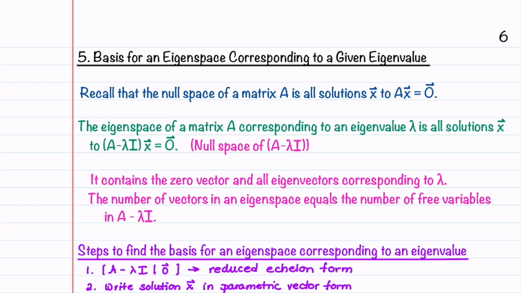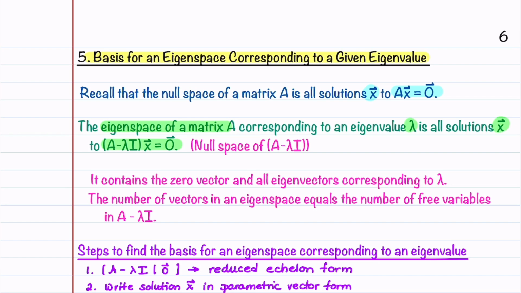The next topic that we're going to talk about is how to find a basis for an eigenspace corresponding to a given eigenvalue. Recall that the null space of a matrix A is all solutions x to A times x equal to 0. Just like the null space, the eigenspace of a matrix A corresponding to an eigenvalue lambda is all solutions x to the equation A minus lambda I times x equal to 0.